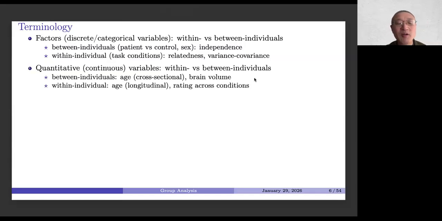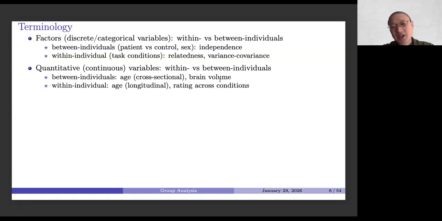Then there's the quantitative variable. Sometimes we call it continuous, right? In some contexts, people call it covariates. That depends on how people use this term. Quantitative variables can also be categorized as within and between. For between, if it's a cross-sectional study, like age, each participant, when scanned at that particular time, has an age value.